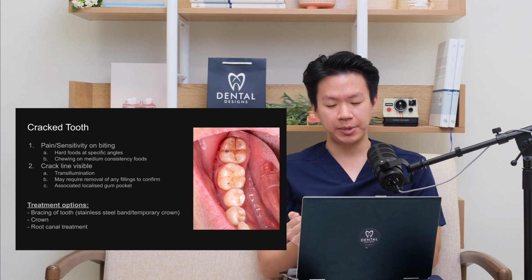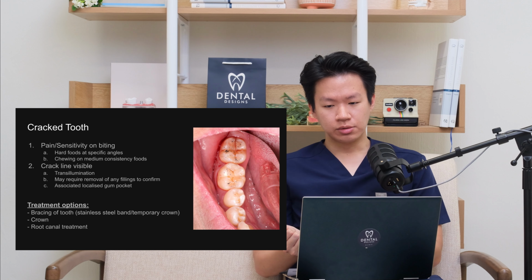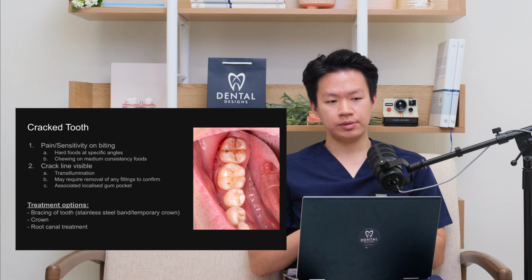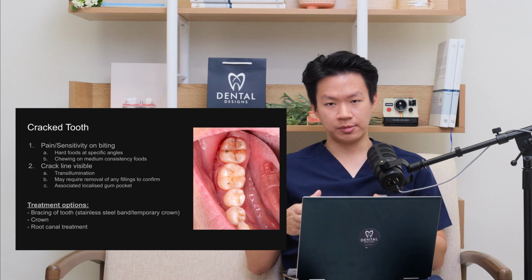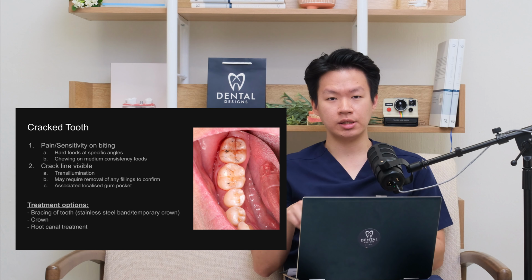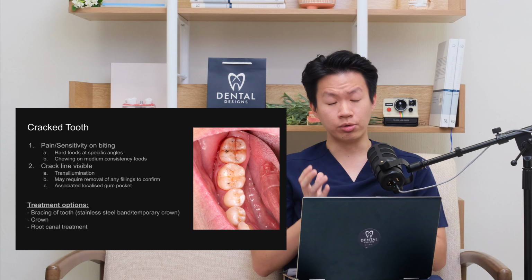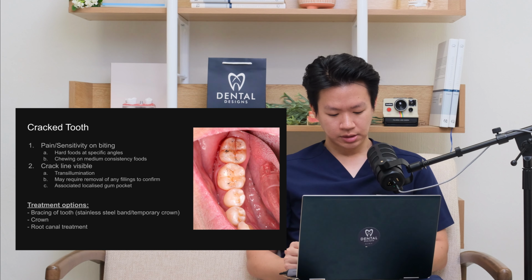So that's where pain normally happens. So to try to relieve this pain, we need to provide some form of support and bracing to the tooth. And how you can do that is with a stainless steel band, or by fabricating a temporary crown to fit over the tooth, right?